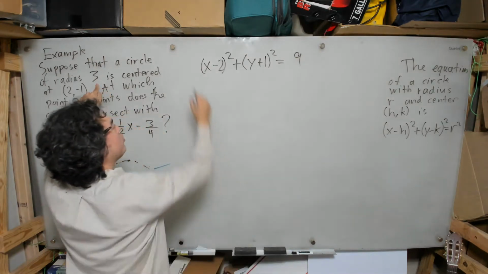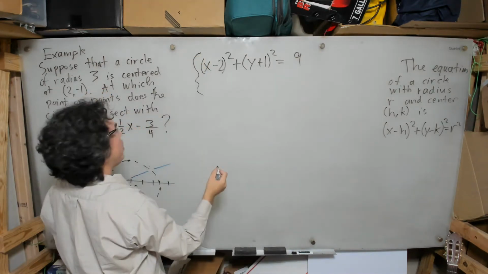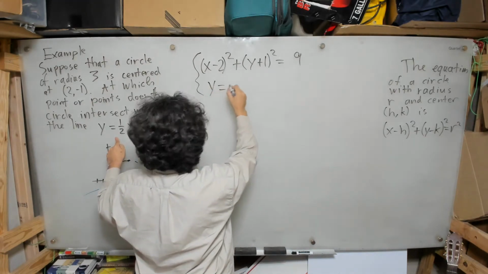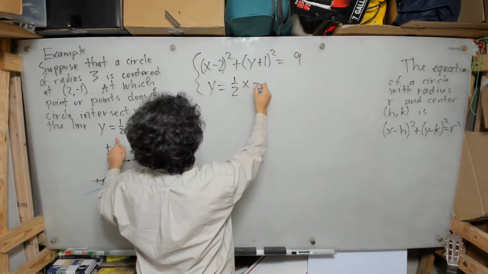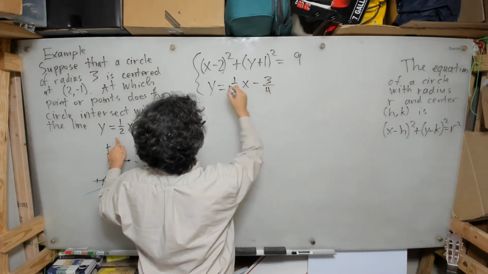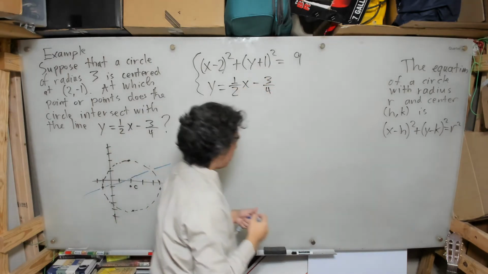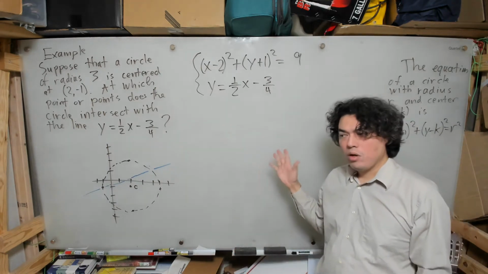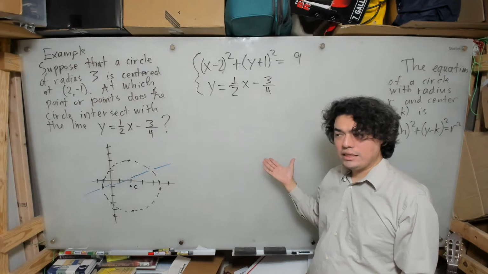That'll be my equation of my circle. And then I'm going to have my equation of my line, which is y = 1/2 x - 3/4. Okay? So what we observe here is that in order to solve this problem, we end up needing a system of equations problem.